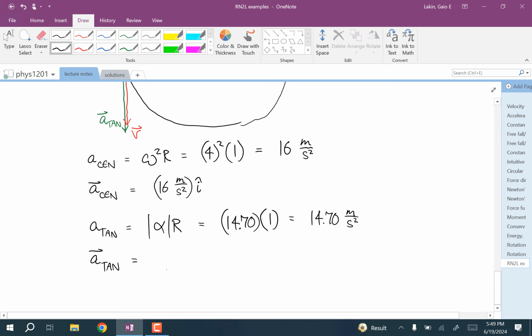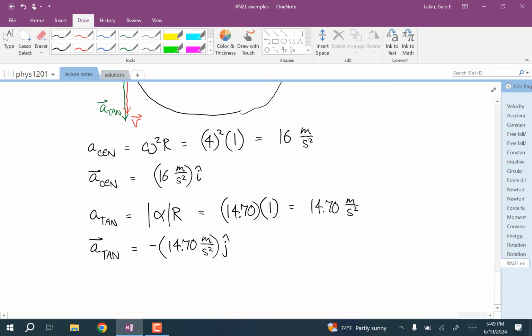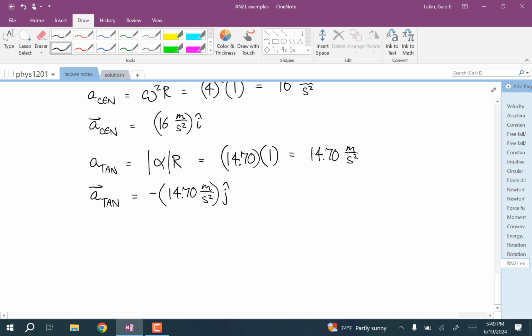And so we get negative 14.70 meters per second squared j. Add those two parts together, and the total acceleration is 16 meters per second squared i minus 14.70 meters per second squared j.